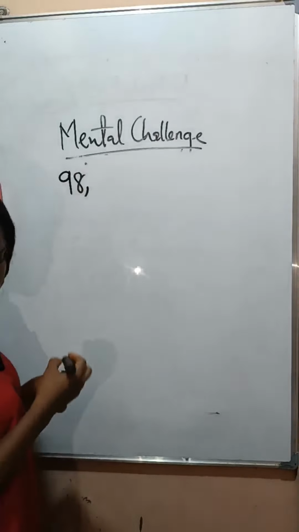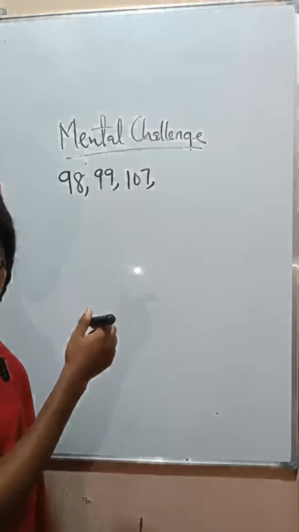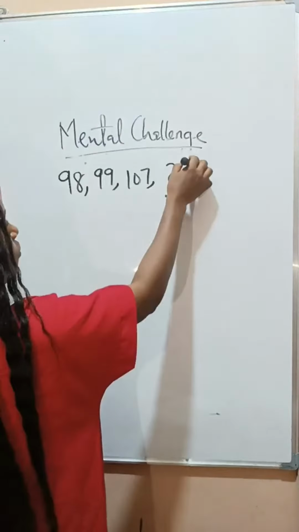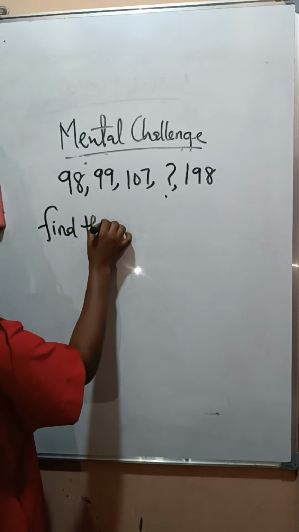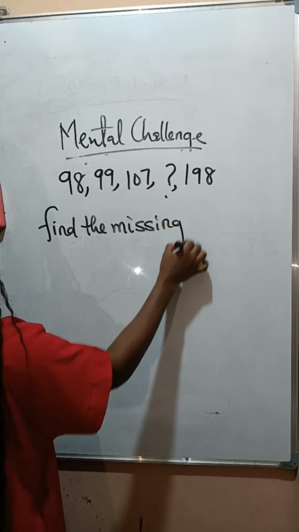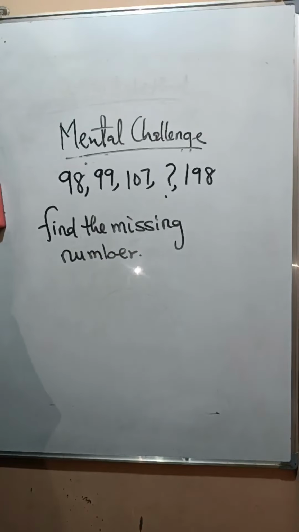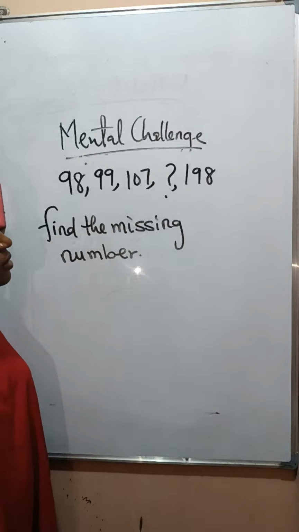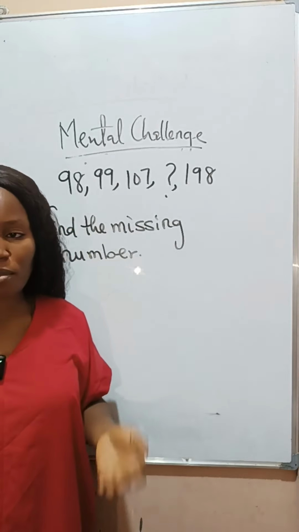We have 98, we have 99, 107, the missing number, and then we have 198. So the question said we should find the missing number.